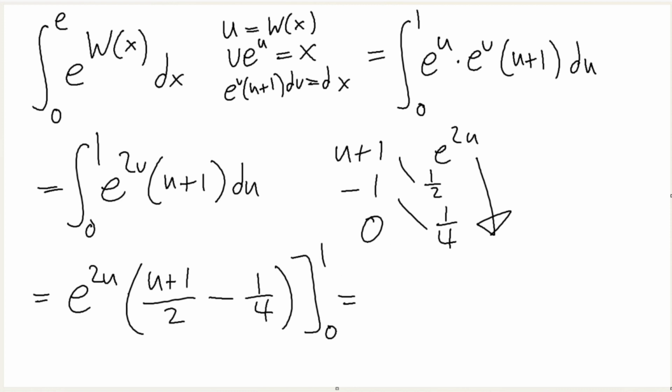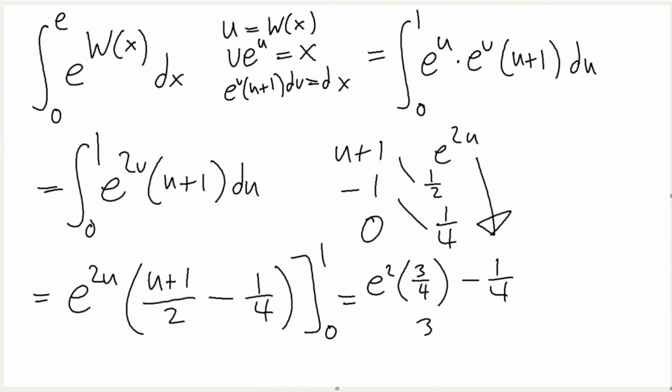So this is equal to, if you plug in 1, we get e squared, and then plug in 1, that's 1 minus 1/4, that's 3/4. Minus, plug in 0, this is just 1, plug in 0 here, that's a half. Minus 1/4. So that's, yeah, half minus 1/4, that's 1/4. So our answer is just 3/4.